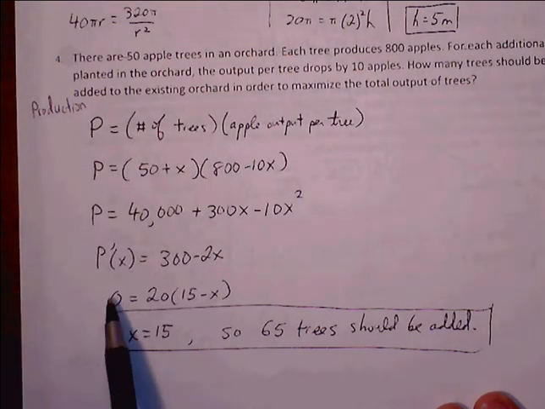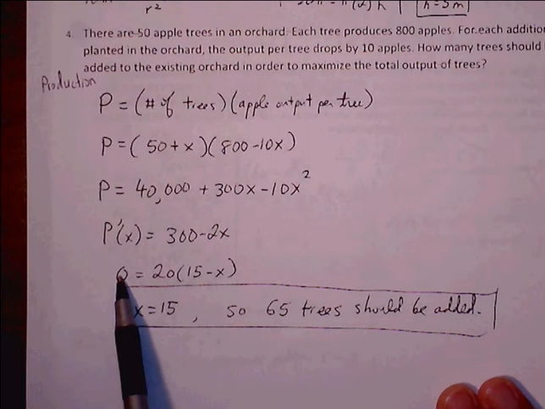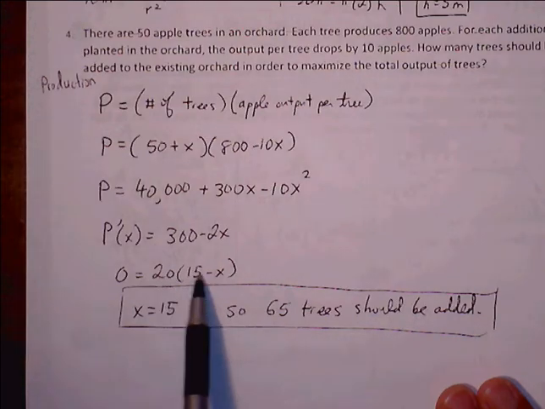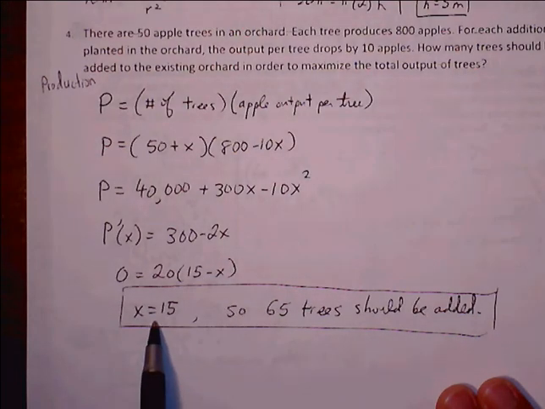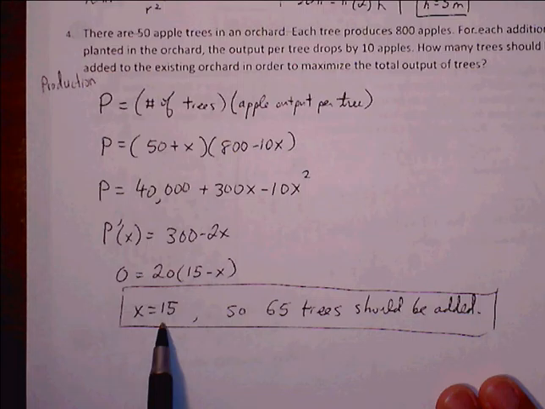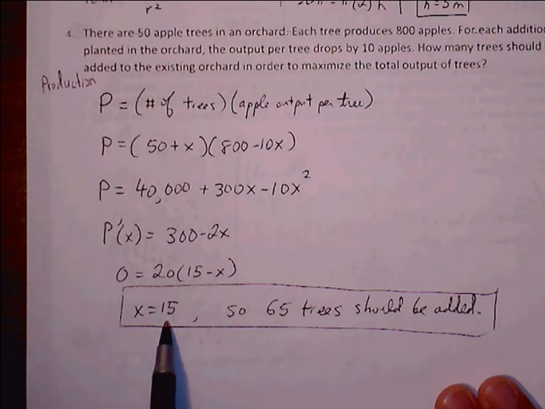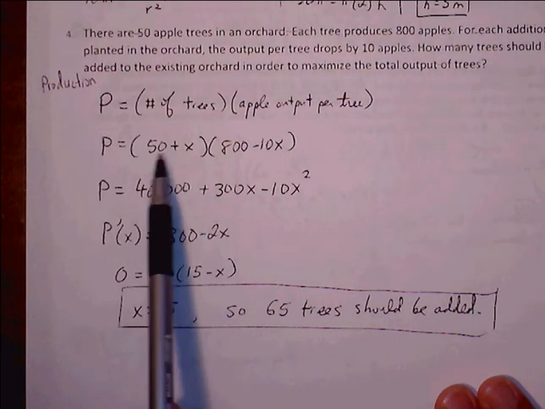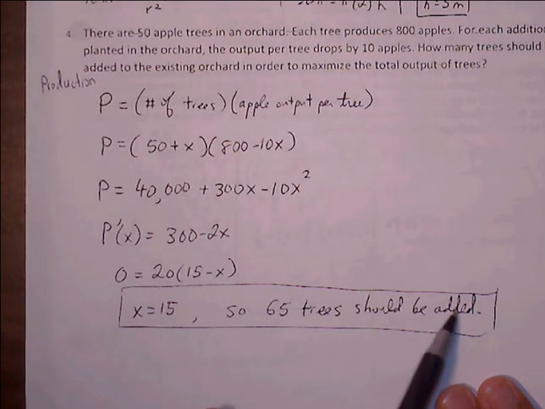We set this equal to 0 to find our critical point. Factor out the 20 here, and then we solve for x, so x equals 15. If x equals 15, that means we can add 15 trees to the garden here. So 15 plus the existing 50 will mean 65 trees in total.